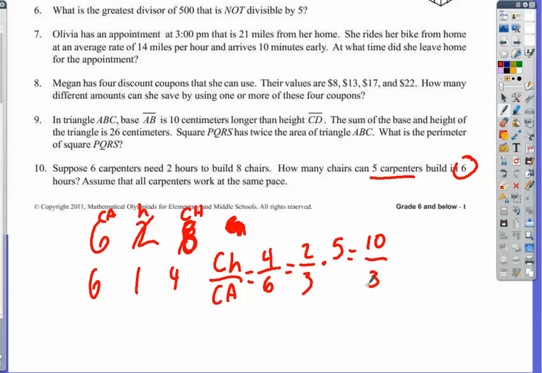So then, because this is chairs per hour for 5 carpenters, and I need to build 6 chairs, 3 goes into 3 once, 3 goes into 6 twice. So that means I can do 20 chairs.